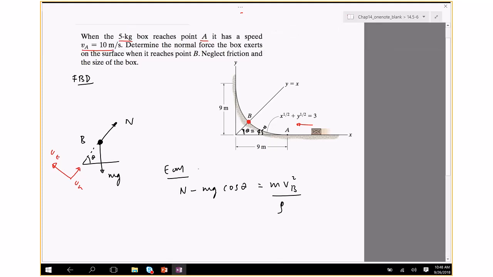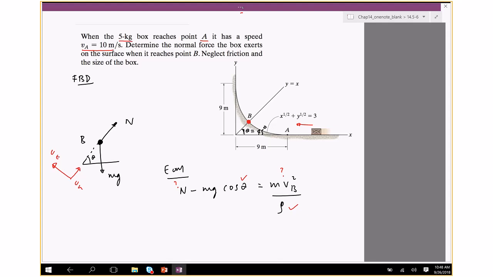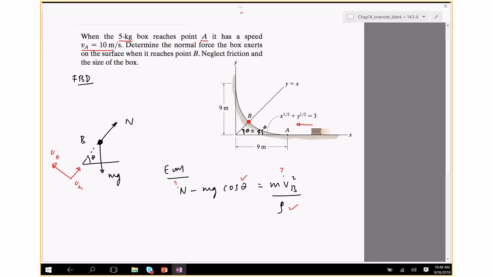So N is unknown. Theta is known, I just found it's 45 degrees. VB is unknown. I can find rho because there's a complicated formula with dy dx squared and so on. So the only thing unknown is VB. In order to find VB, I need to use conservation of energy.